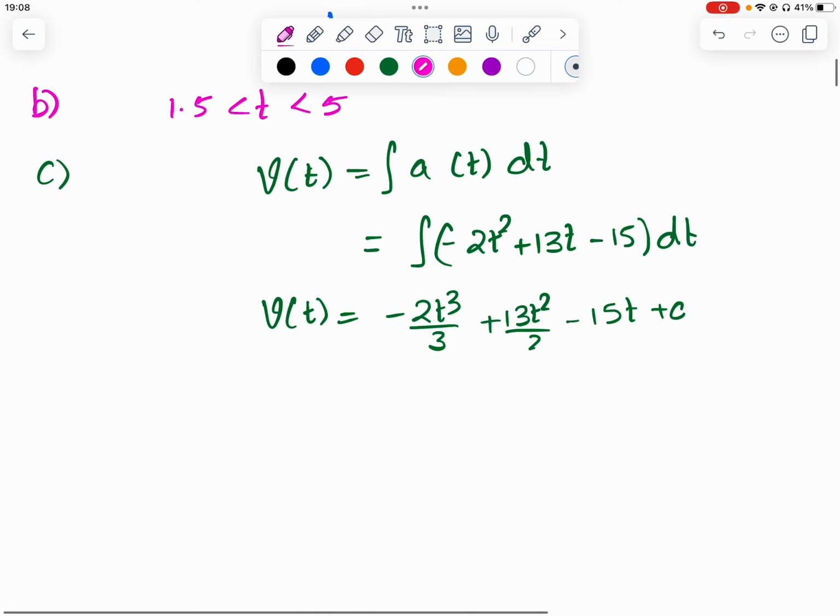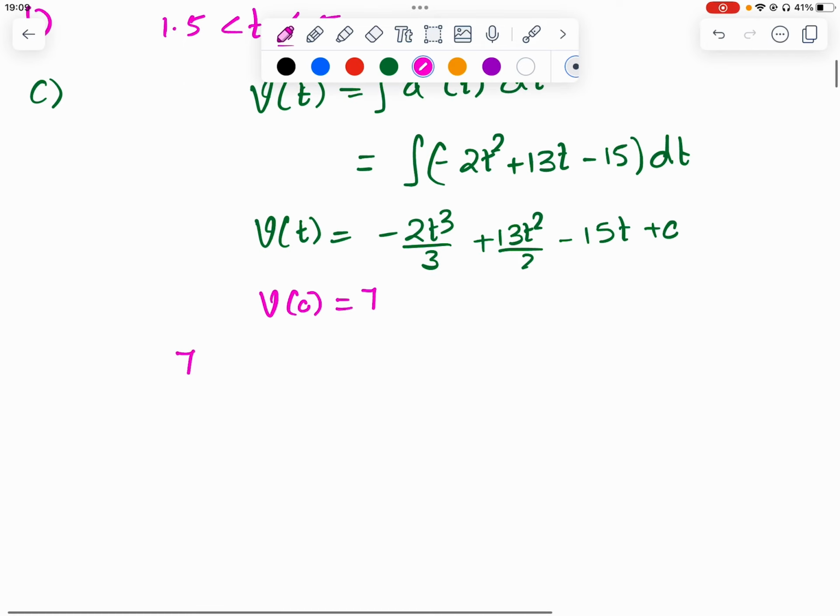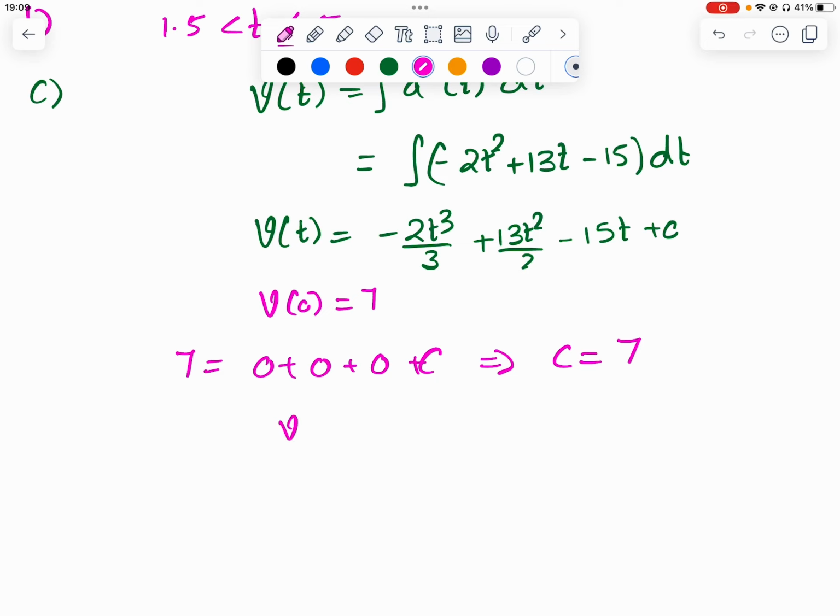Now the initial velocity is 7, meaning at t equals 0 it is 7. So 7 equals 0 plus 0 plus 0 plus c, so c is 7. So the formula for the velocity at t is minus 2t cubed by 3 plus 13t square upon 2 minus 15t plus 7.